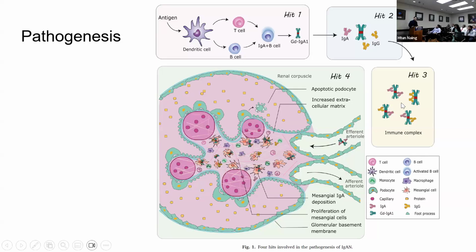This immune complex can also be degraded by Kupffer cells in the liver. So you can find the immune complex in the circulation, but it doesn't necessarily mean this patient is going to have IgA nephropathy. So the gold standard is still the biopsy for that reason.